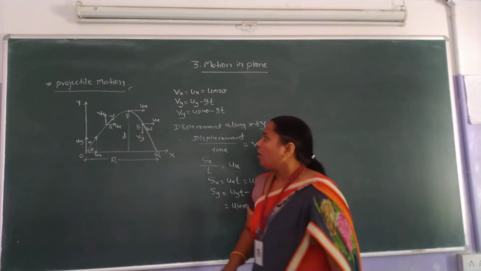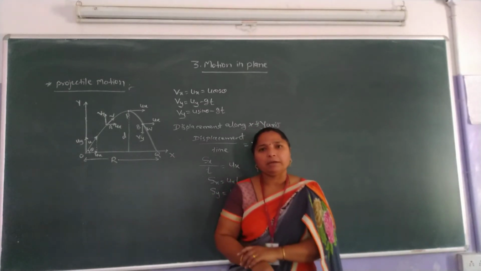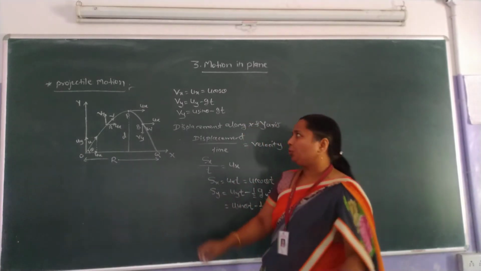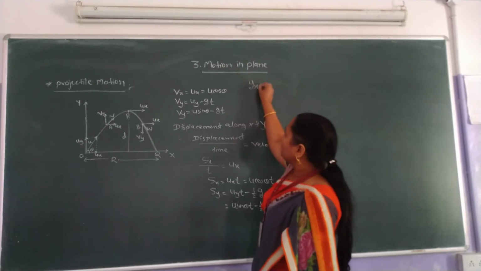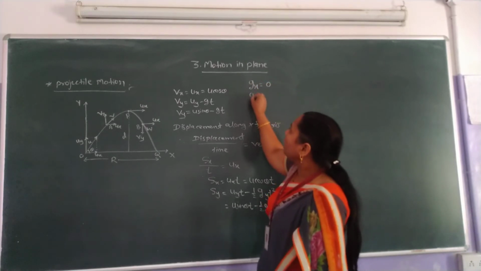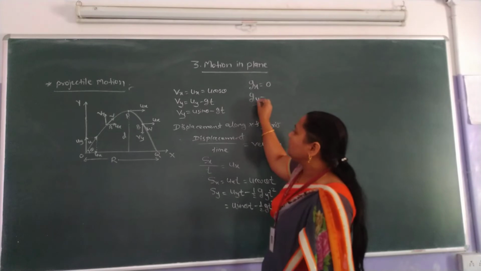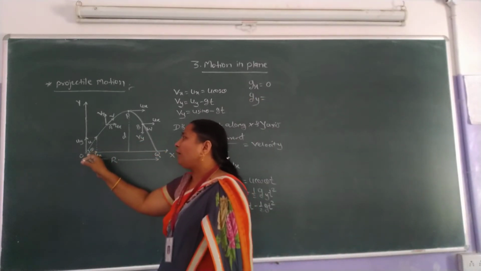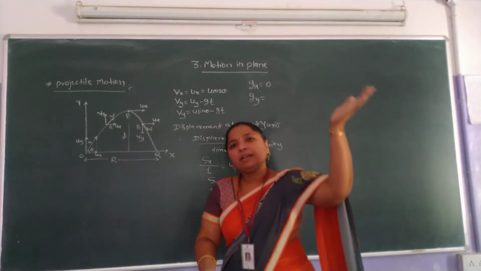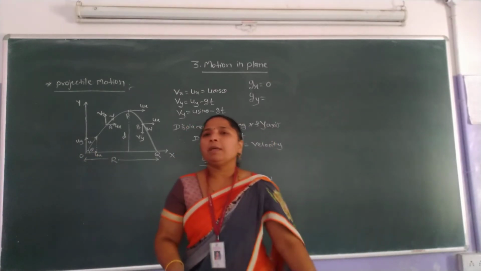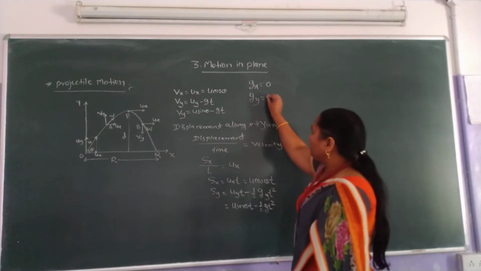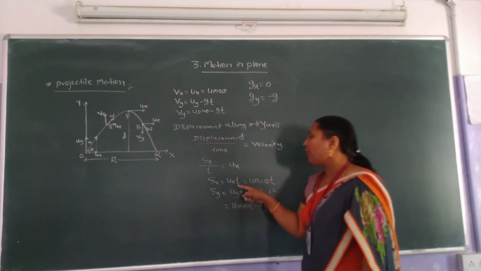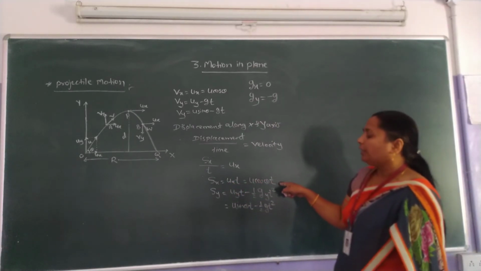In that motion the acceleration due to gravity along the x-axis is 0, that is gx is equal to 0. Only the vertical acceleration gy acts. When the object is thrown upward from the ground, it is taken as negative, minus g. Hence Sx is equal to ux t, which is u cos theta into t.